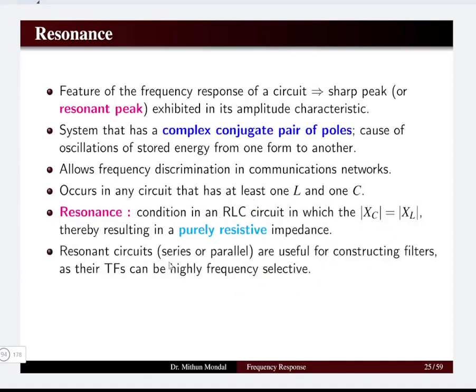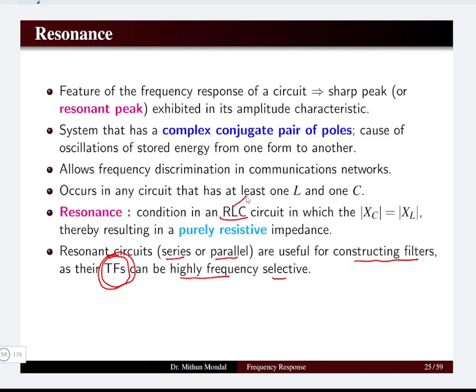A resonant circuit can be in the form of a series RLC network, or a parallel RLC network. They are generally used in the construction of filters because the transfer functions used for obtaining the frequency response can be highly frequency selective.